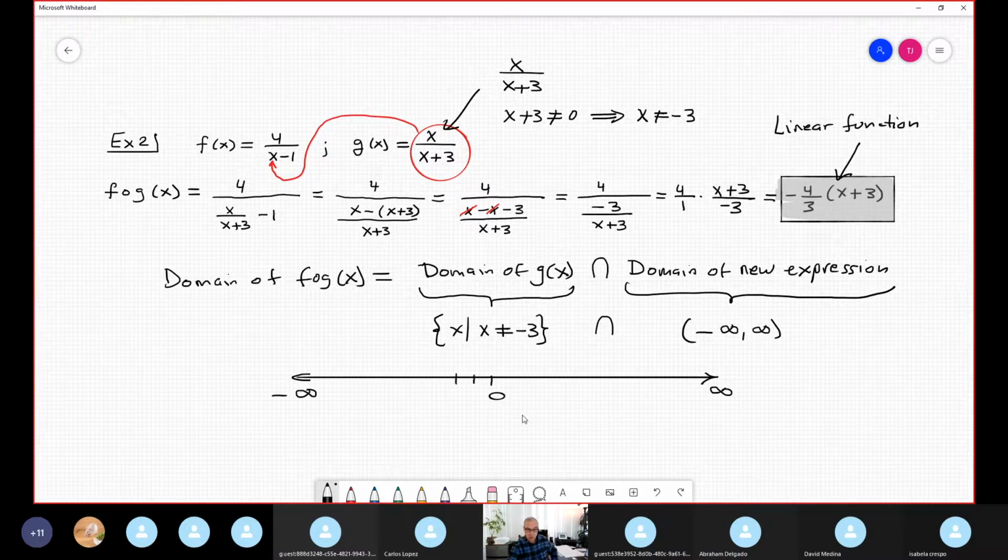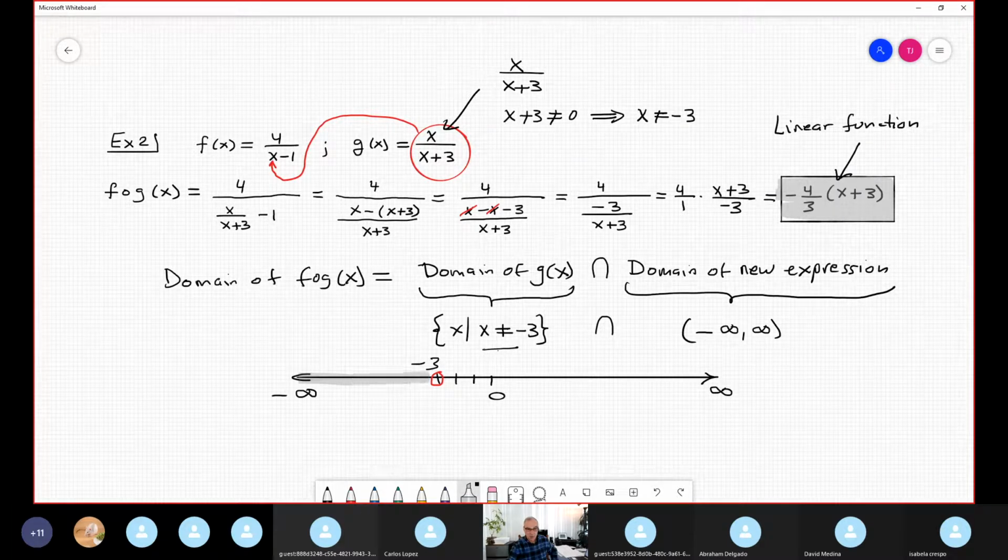We have 1, 2, and -3 is the restriction of this part. And this represents a hole, right? A hole. Let me use, okay, red color maybe. A hole. And the rest is okay. So you highlight, but you have only one restriction.